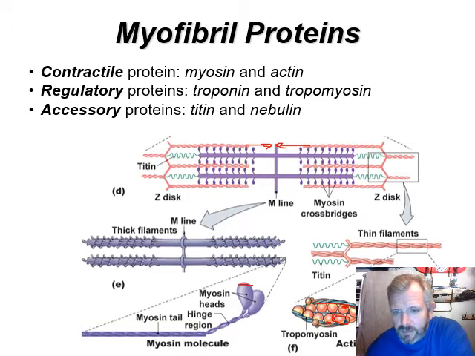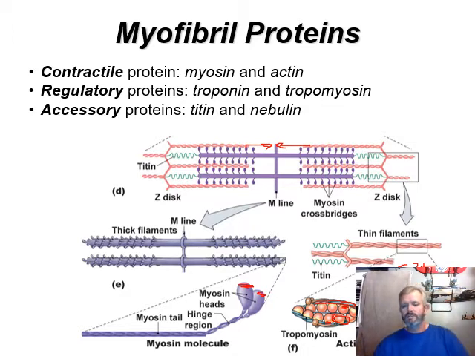Tropomyosin is associated with troponin, and troponin binds to calcium. When calcium's not present, it's not bound to troponin. Tropomyosin is sitting over the regions the myosin heads would bind to.